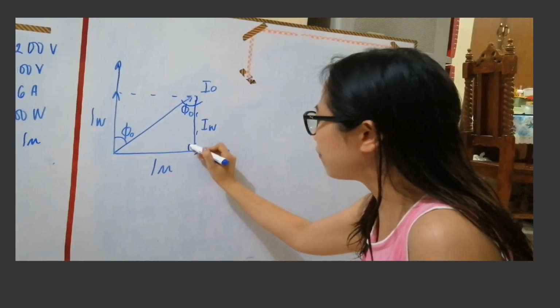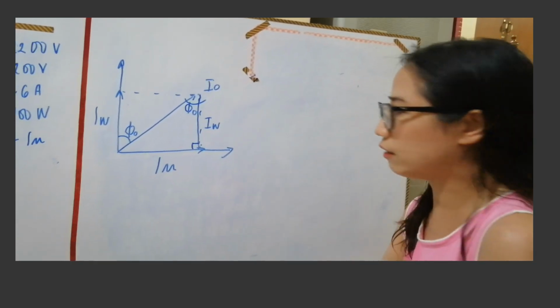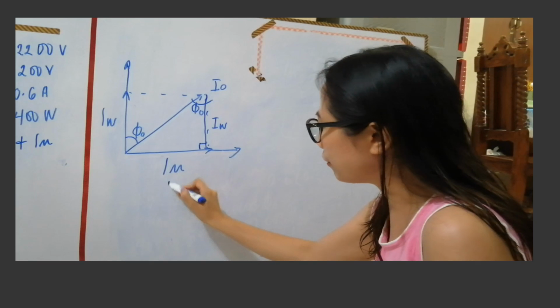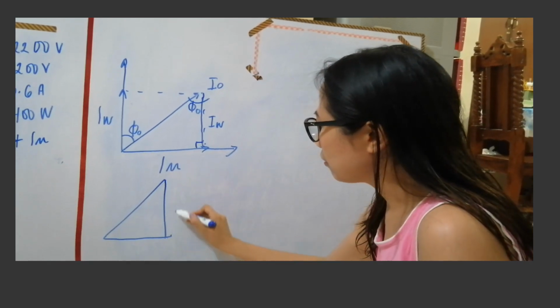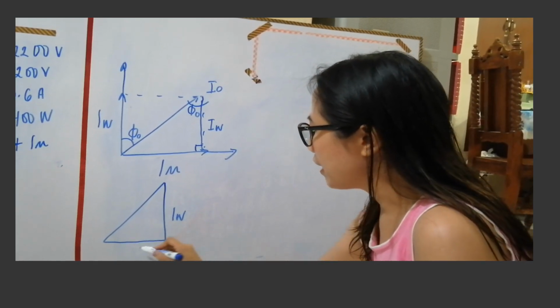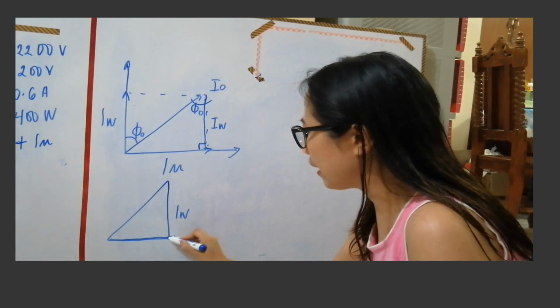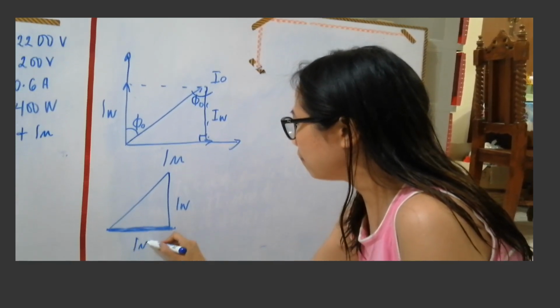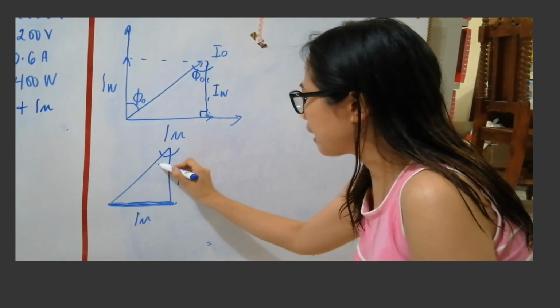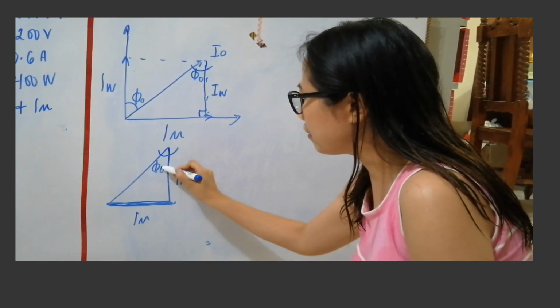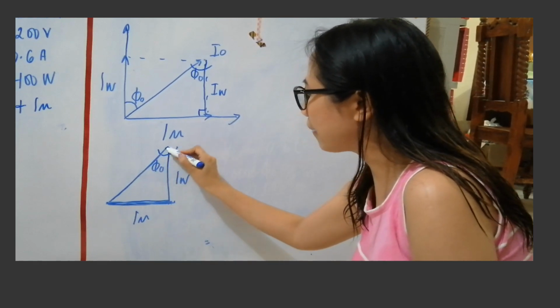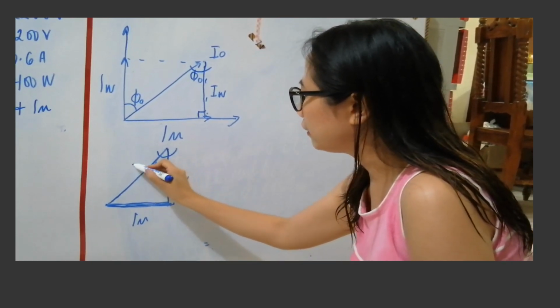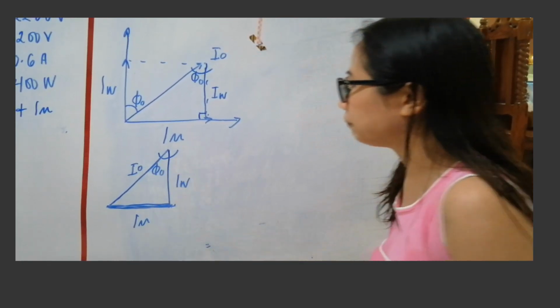And then we can form a right triangle. So we can redraw this figure. So we have I sub W, and this leg or this base is our I sub mu. And this one is our phi sub 0, and our hypotenuse is our I sub 0.